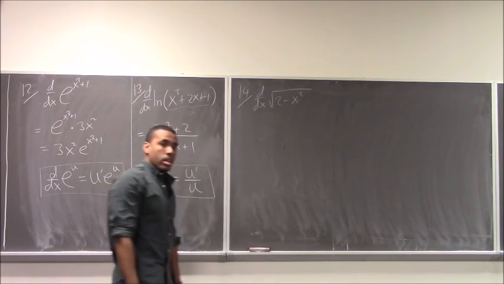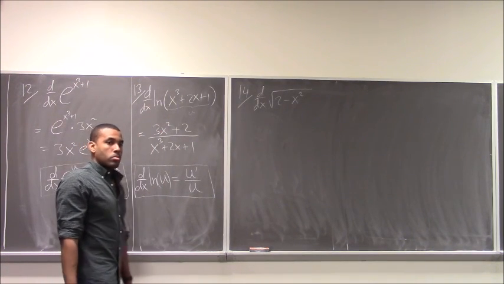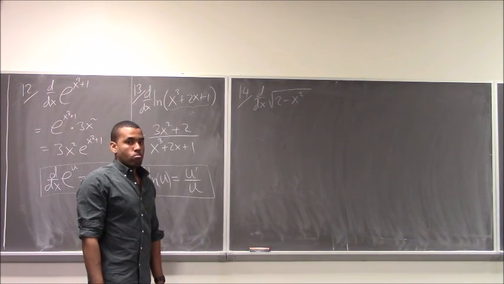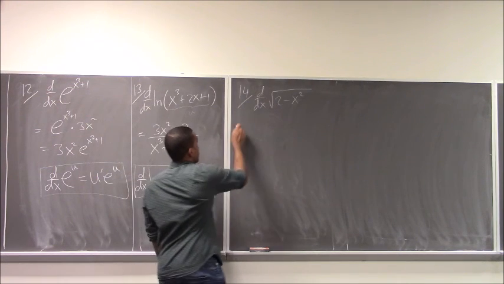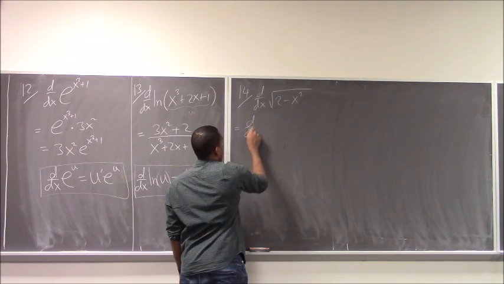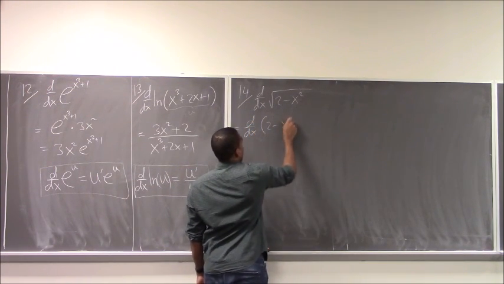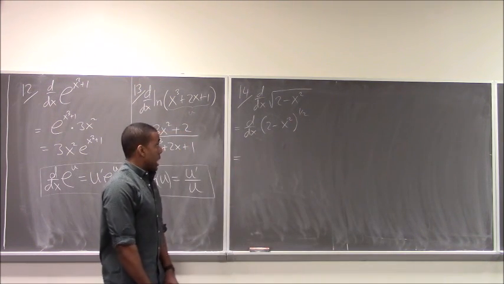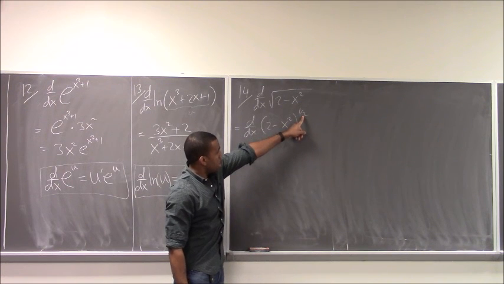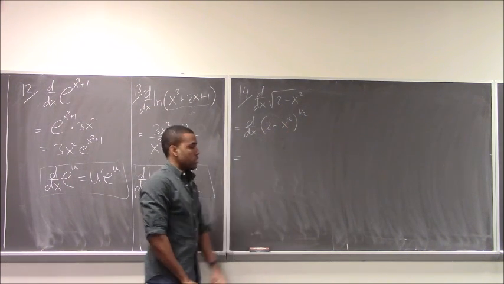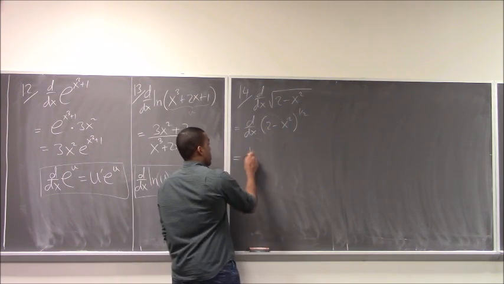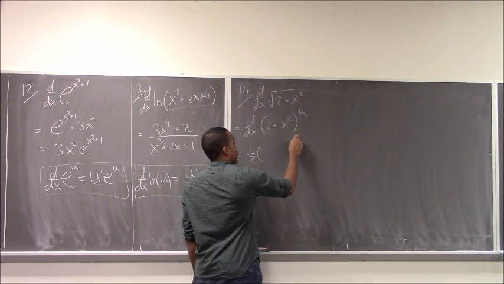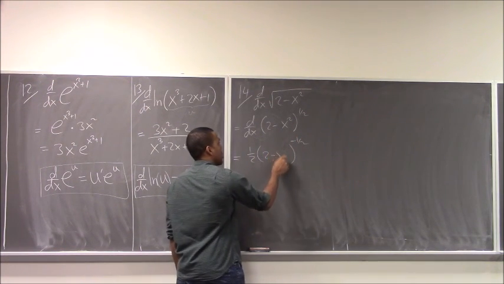How do you differentiate that? Chain rule. Notice that you can rewrite this as 2 minus x squared to the 1/2. And so you have an outer function, which is the radical, the 1/2 power, and you have an inside function. So you differentiate the outside, bring that power down, subtract 1 from the power, leave the inside alone.